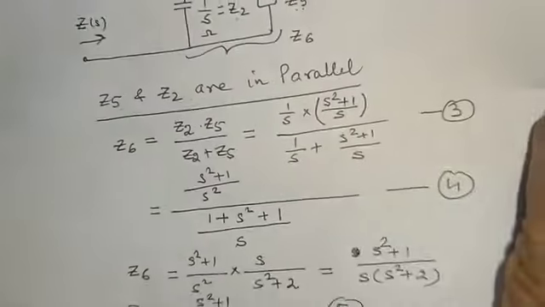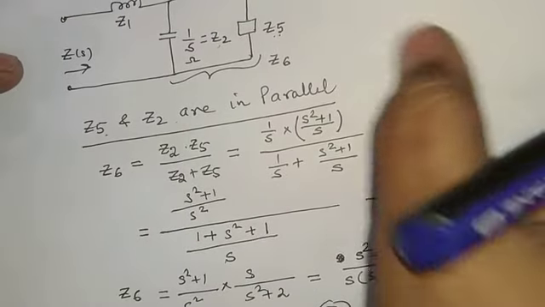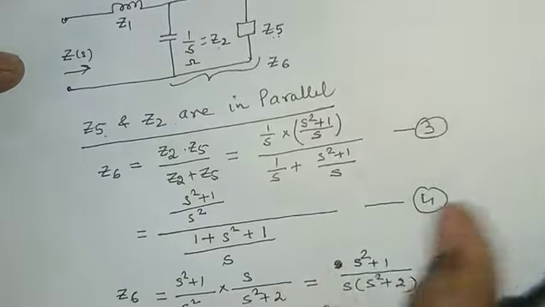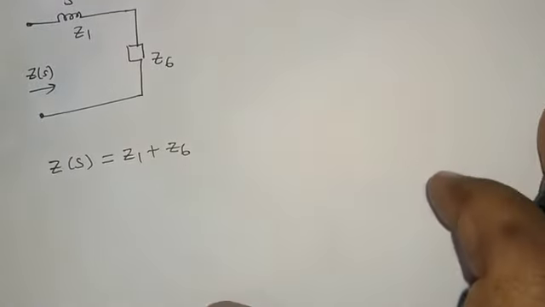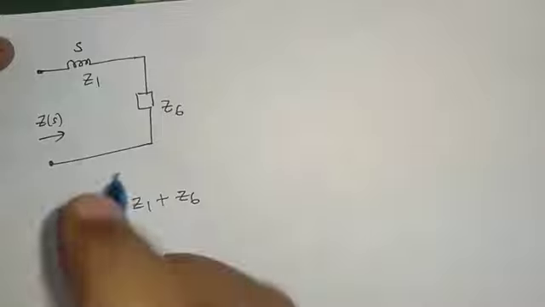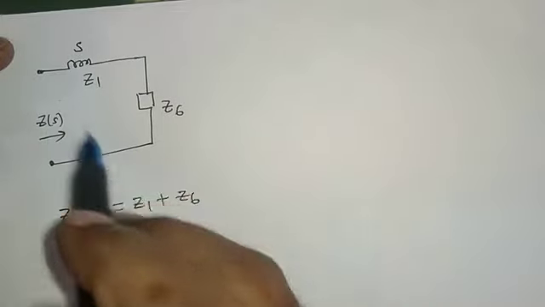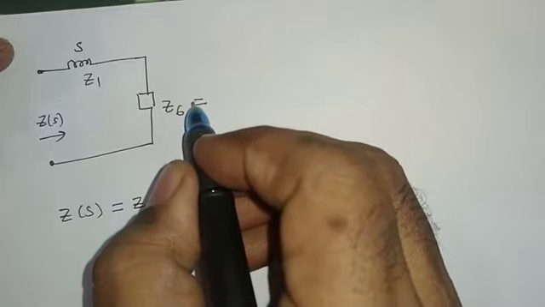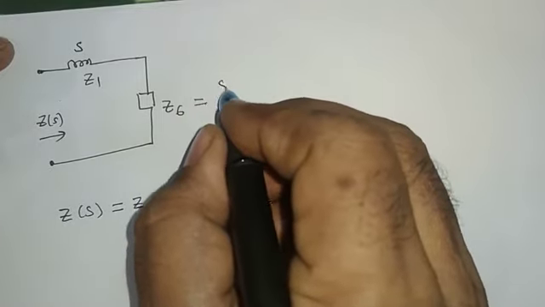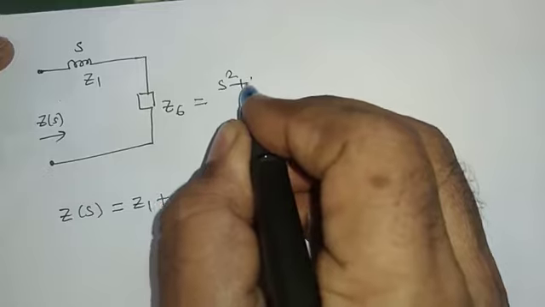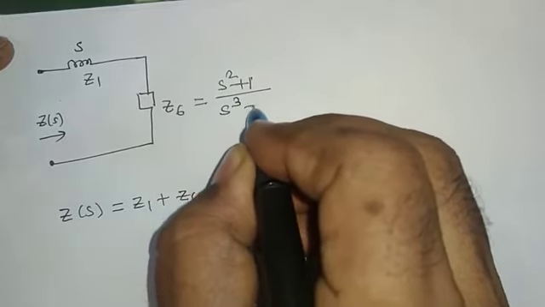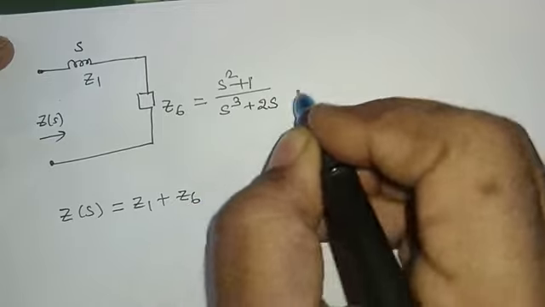Now, what I will do next, Z2 and Z5 I will replace by Z6. So see, I have drawn the circuit. Z1 is S, Z6 I have calculated; its value is S square plus 1 divided by S cube plus 2S.